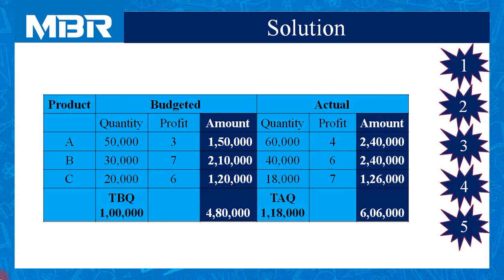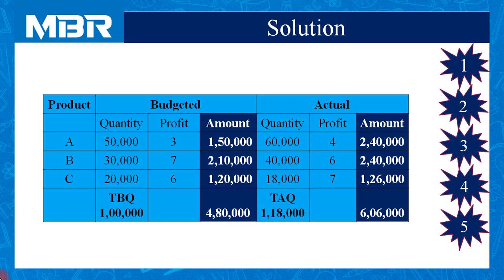Product A, B and C, quantity as given for budgeted data 50,000, 30,000 and 20,000. Information related to profit as per our calculation 3, 7 and 6, and the budgeted amount is nothing more than the calculation of budgeted quantity and budgeted profit.